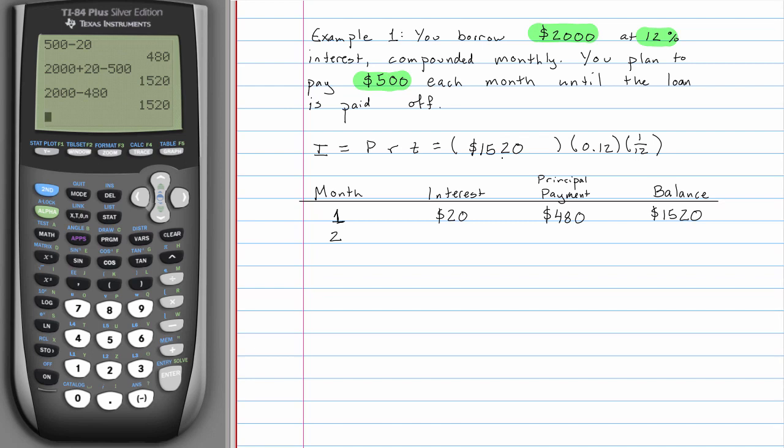So instead of taking 2,000 times 0.12 times a 12th, I just take 1,520 times 0.12 times a 12th.